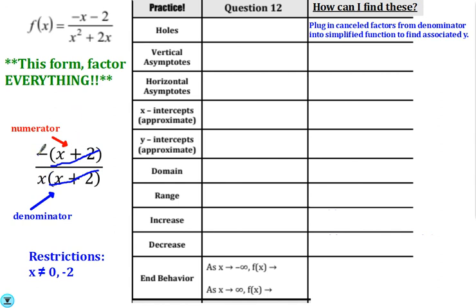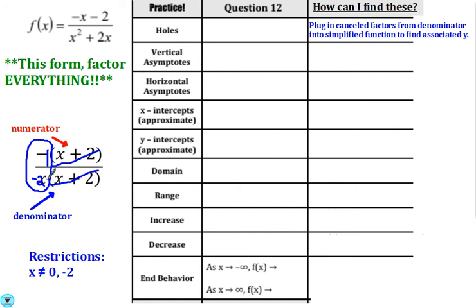So -1 over, in parentheses, -2. I would plug that in to the simplified version right here. So -1 over -2 would be a positive 1/2 because the negatives would cancel right here if I plug this in on top. -1 over -2, plugging in for that x.